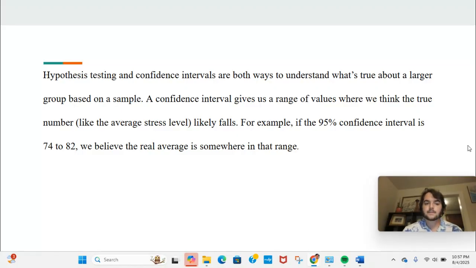A confidence interval gives us a range of values where we think the true number, like the average stress level, likely falls. And for this example, if the 95% confidence interval is 74 to 82, we believe the real average lies somewhere in that range.